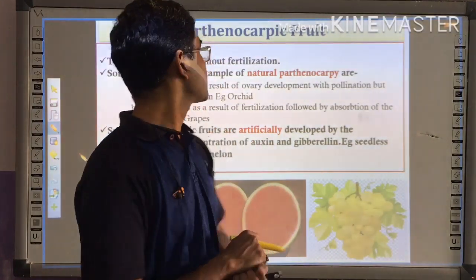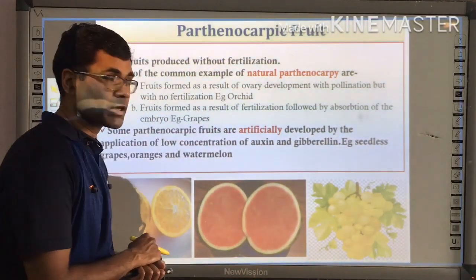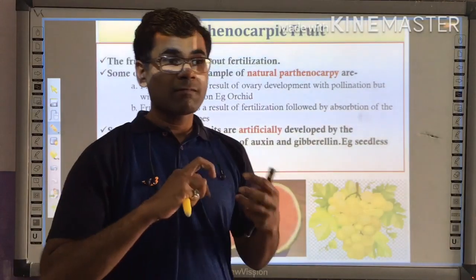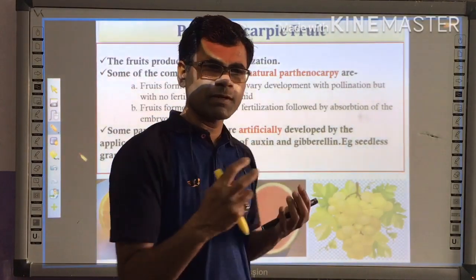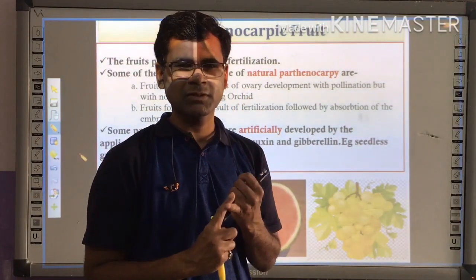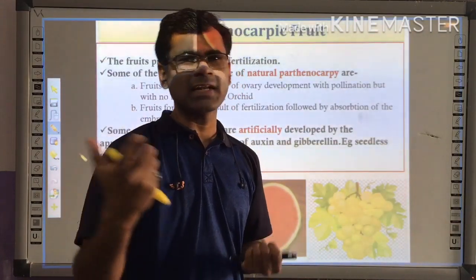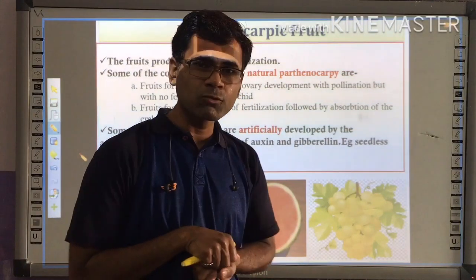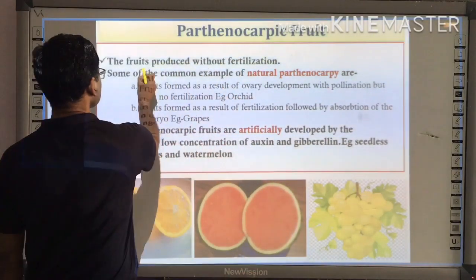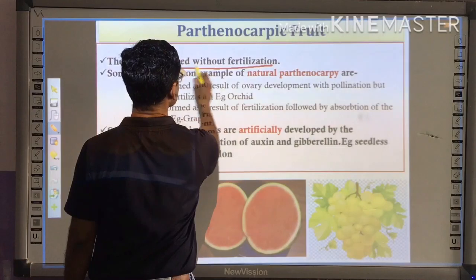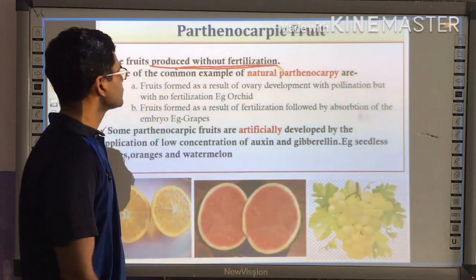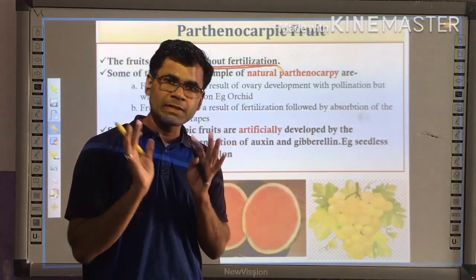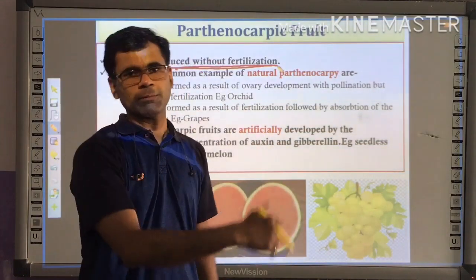In the previous topic we studied, whether it is ovary or thalamus, the fruit only develops after fertilization. But what happened in parthenocarpic fruit? The fruit developed without fertilization.